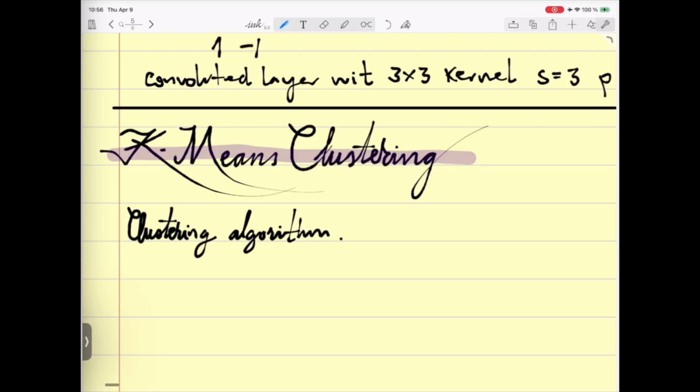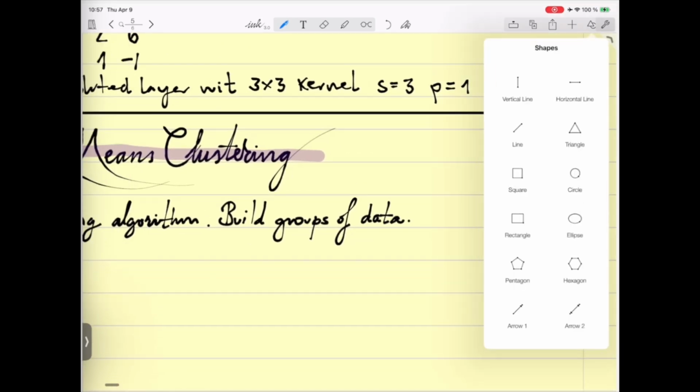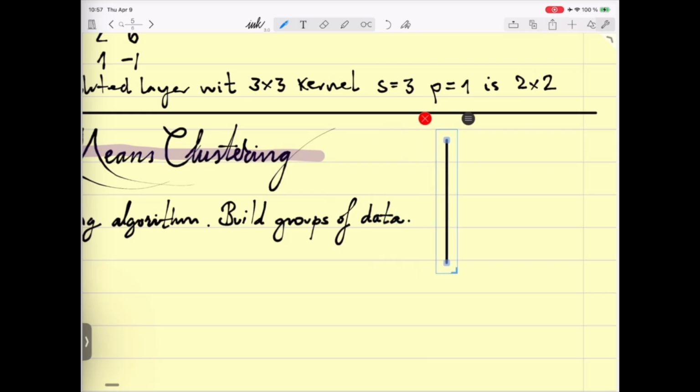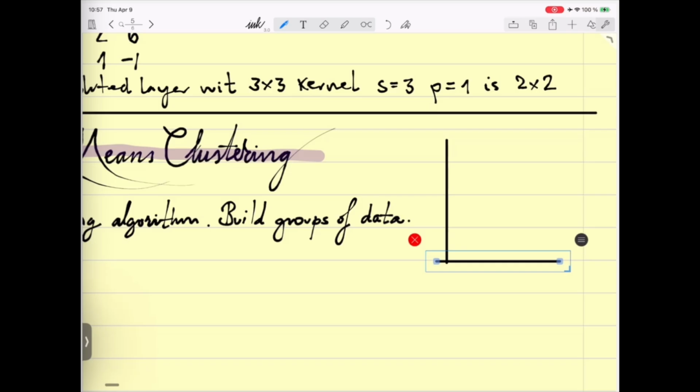So we build groups of data. The intuition of it is that imagine you have a map of customers for your business.